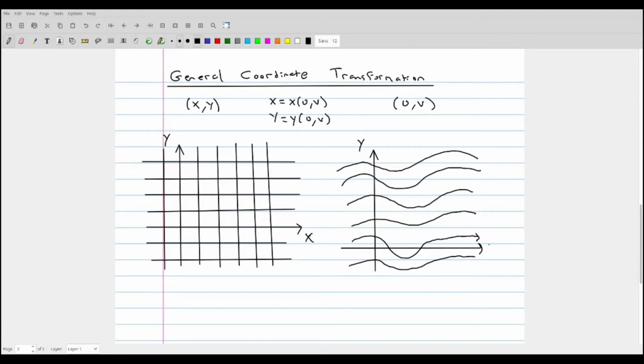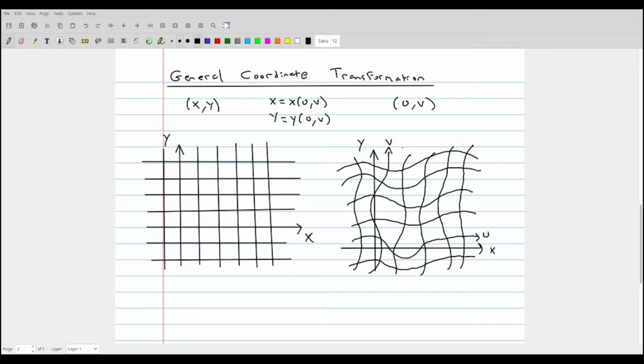Say that this corresponds to our new, it's called the u-axis, when v equals 0. And then when you fix values of u, you get coordinate curves that maybe look like this. And let's just say that this is our v-axis.